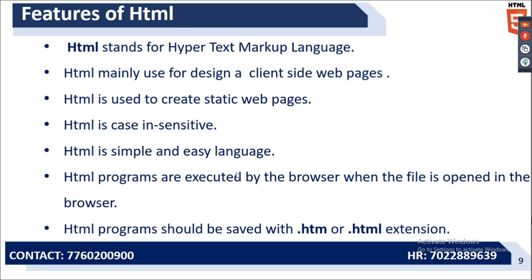A single HTML document executed by the browser is known as a web page. Clear? And what do you mean by website? A collection of web pages. When you bundle all the web pages, we call it a website. Please take a screenshot of this and go through this slide once.